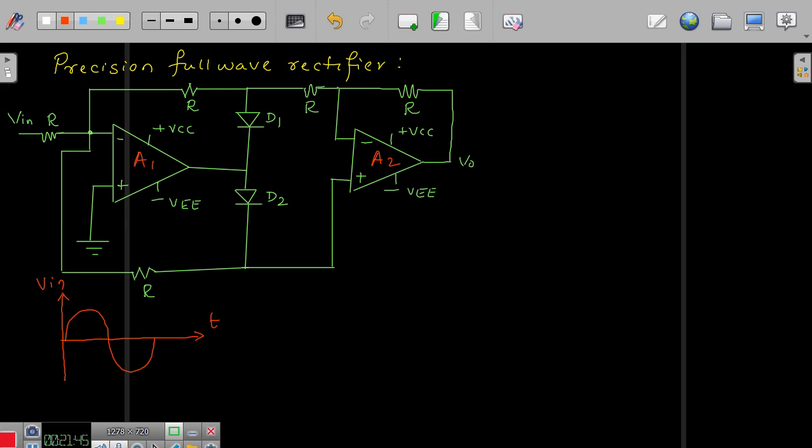full wave rectifier, you cannot have the polarities, right?